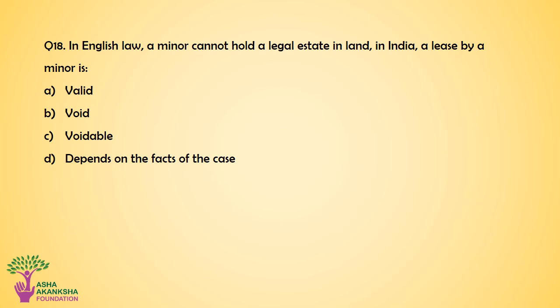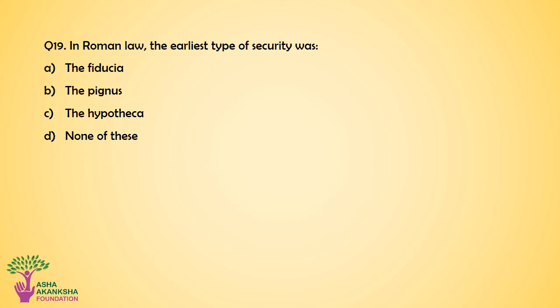Question number 18. In English law, a minor cannot hold a legal estate in land. In India, a lease by a minor is option A, valid, option B, void, option C, voidable, or option D, depends on the facts of the case. The correct answer for this question is option B, void.